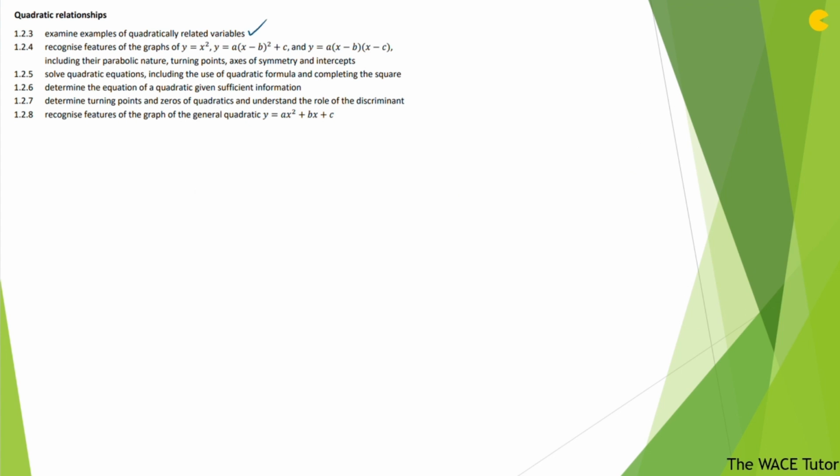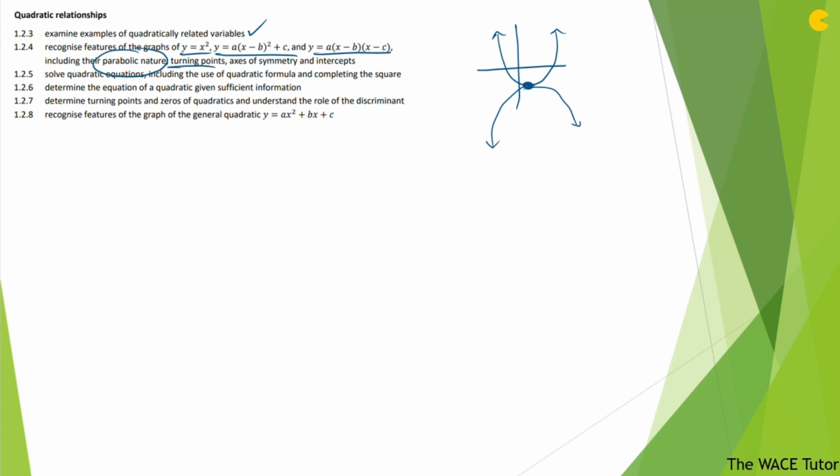So in this example, we had a look at some examples of quadratically related variables. We looked at y and x. We looked at the graphs y equals x squared, y equals a times (x take b) squared plus c, and y equals a times (x take b) times (x take c). We saw that they had a parabolic nature. By parabolic nature, I mean they were symmetric like this, and they curved upwards like this, or they curved downwards like this as well.